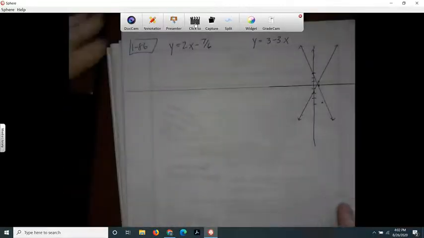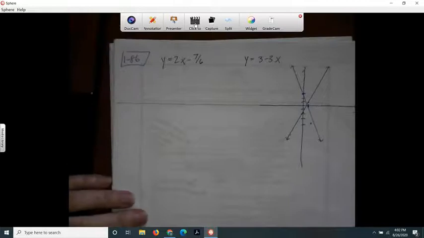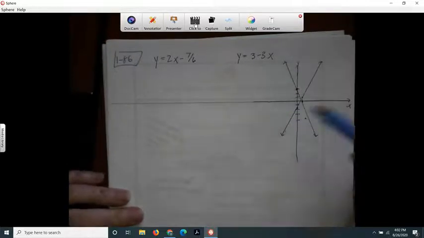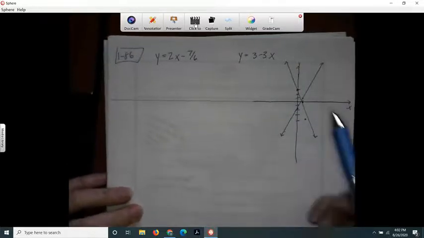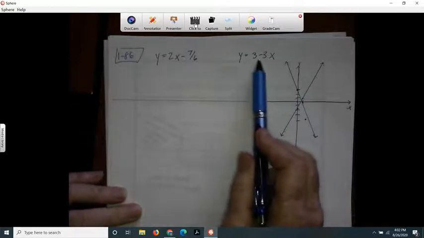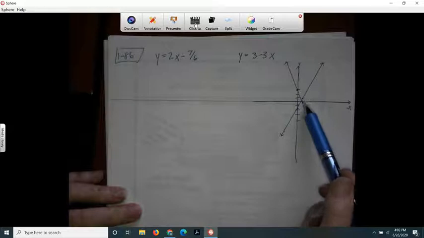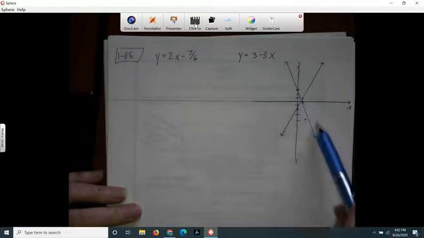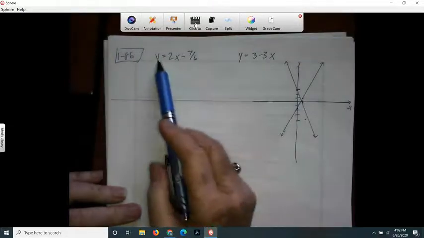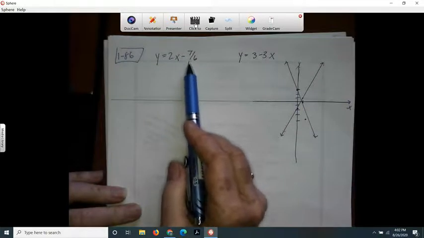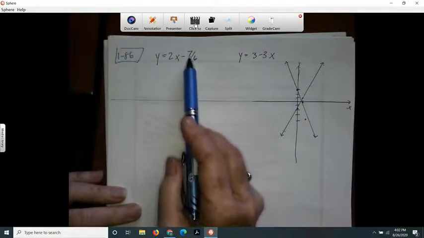So to figure out, I graphed just a kind of a sketch of each of these lines. Like this line, I know it has a y-intercept at 3, and it goes down 3 over 1. So I just made a very rough sketch of it. This one, I know it has a y-intercept of negative 7/6, which is a little bit more than negative 1.